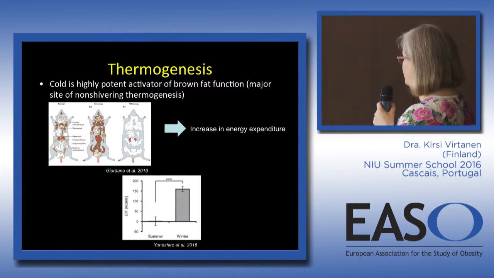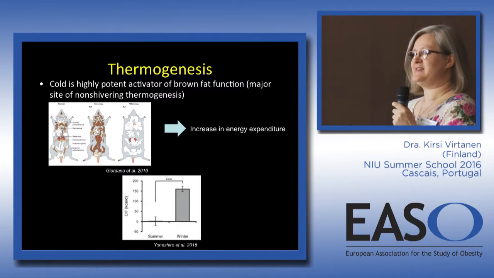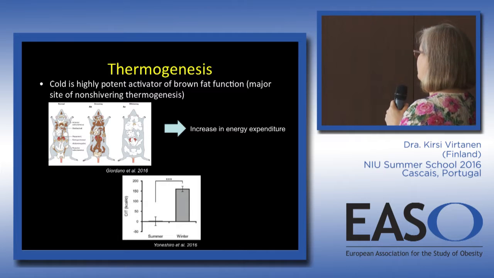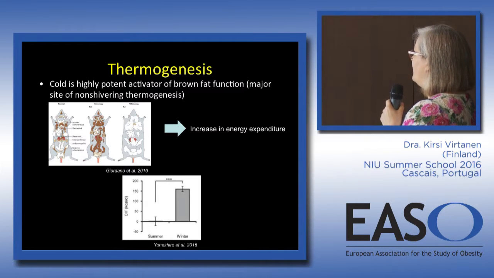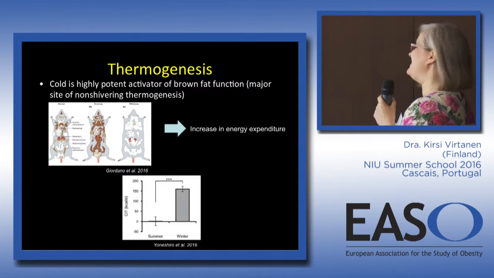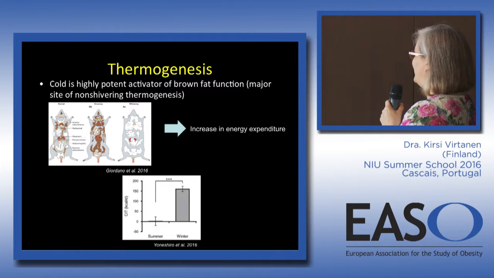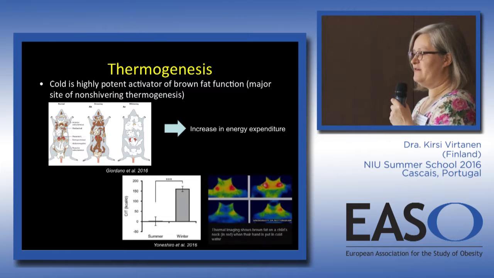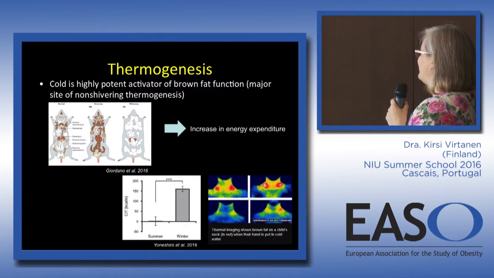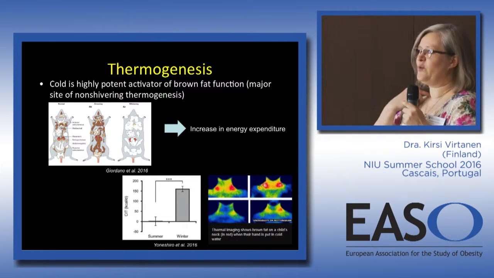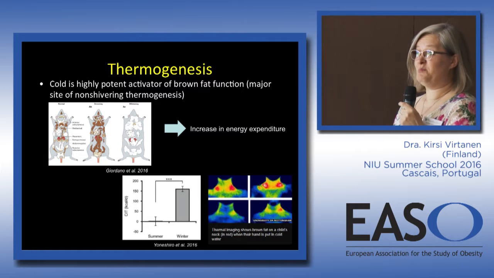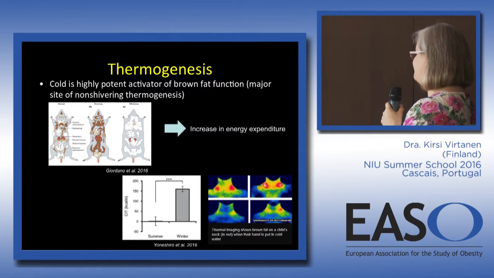So maybe in humans, the thermogenic potency is not as high as in rodents, as can be illustrated by these images. The heat generated by brown adipose tissue may be detected by an infrared camera, and only the skin area in here is increasing by cold activation.